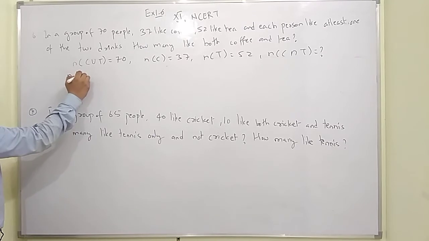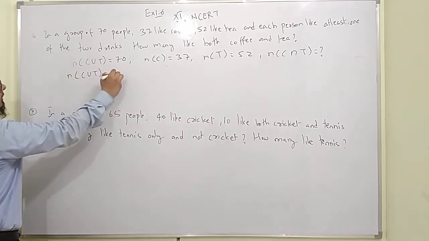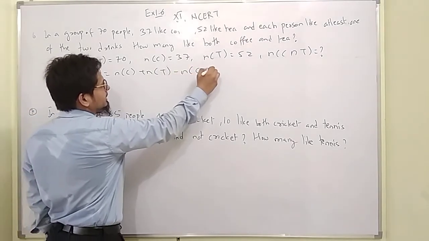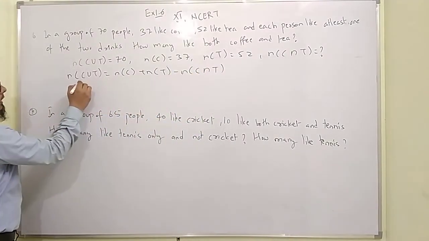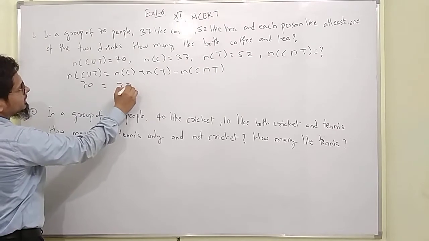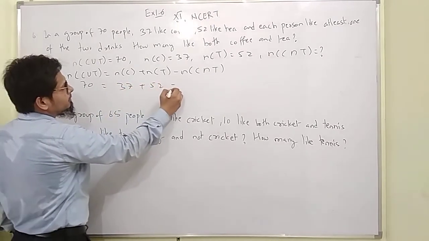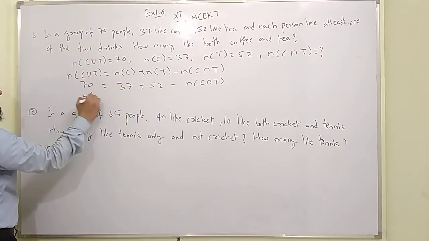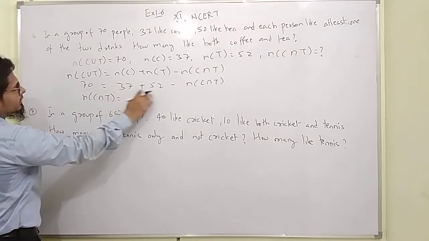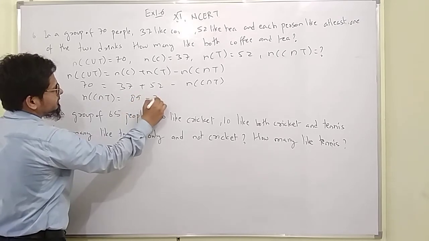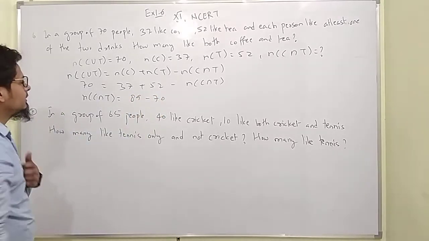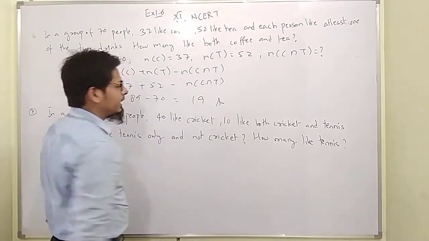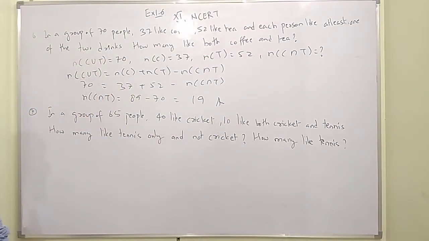Applying the formula, n(C union T) is n(C) plus n(T) minus n(C intersection T). Put the values: 70 equals 37 plus 52 minus n(C intersection T). So n(C intersection T) is 89 minus 70, which is 19. This is the final answer: 19 people like both tea and coffee.